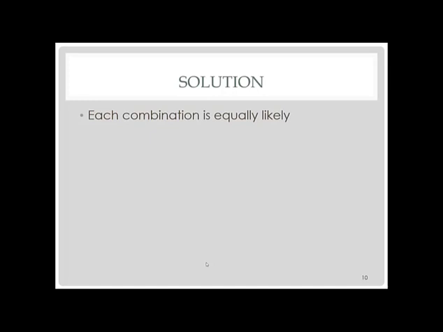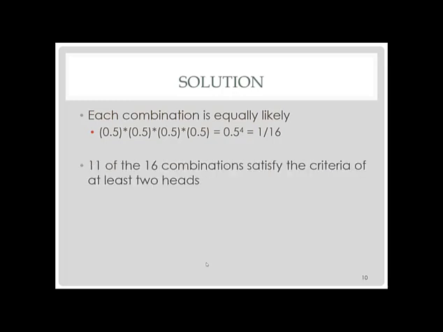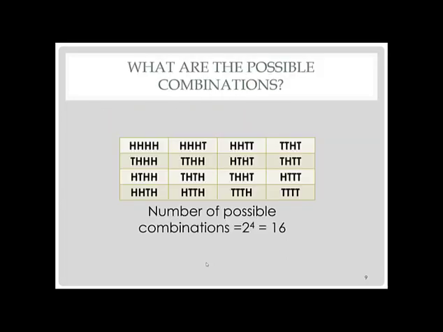So what's the solution? Each of those 16 combinations is equally likely if we have a fair, 50-50 coin. That probability is 0.5 times 0.5 times 0.5 times 0.5, or 0.5 to the 4th, or 1/16. And 11 of the 16 combinations satisfy the criteria of at least 2 heads, right?